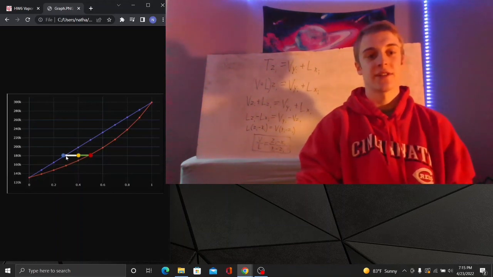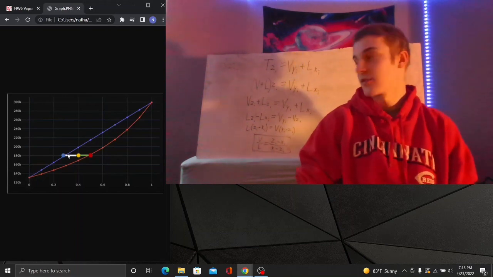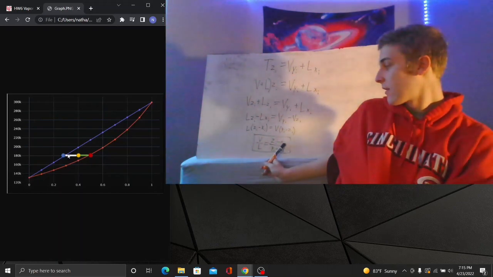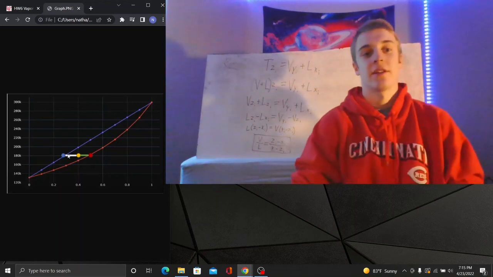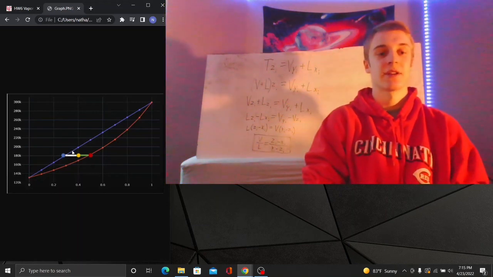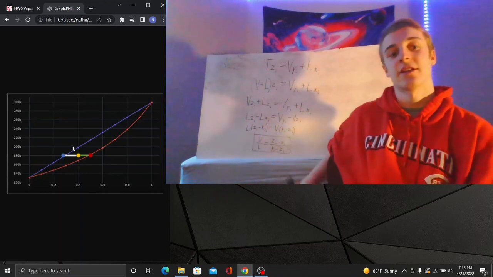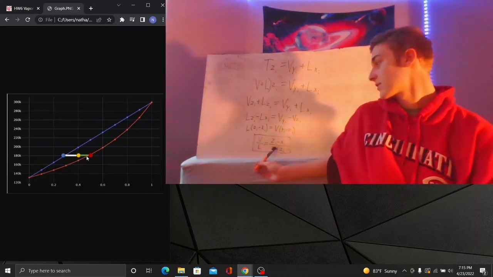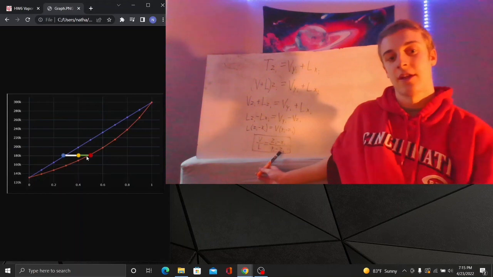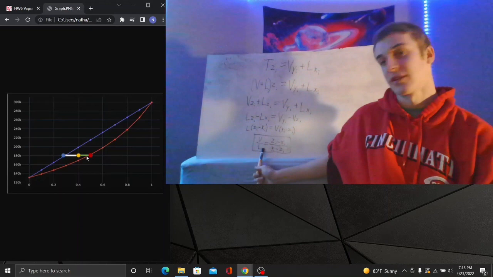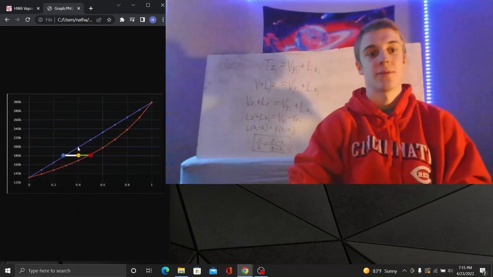And that means that our distance here, this white line, which corresponds to this part of our Lever rule equation of Zi minus Xi, would be getting smaller as we move this yellow dot up as we increase the pressure. And corresponding with that, our green distance here, which corresponds to the bottom of the equation, would be increasing. So that means that we would be getting more liquid until eventually it would be all liquid when we meet this line.